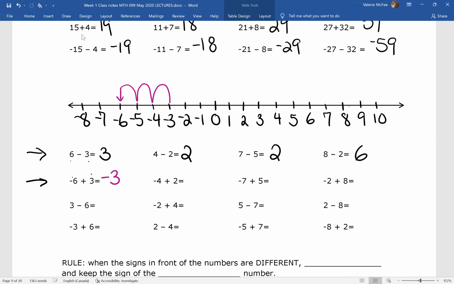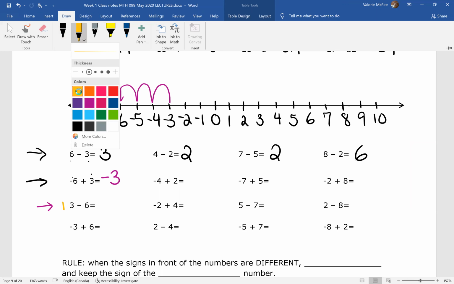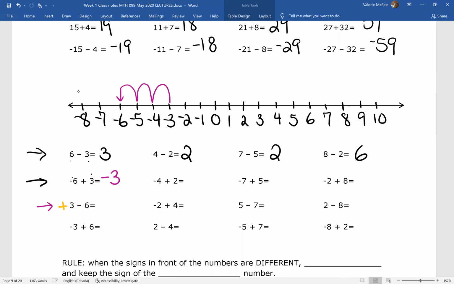The answer is -3. Let's go down to the next one. This time we have a +3, subtract 6. We start at +3 and subtract 6, we end up at -3 again.